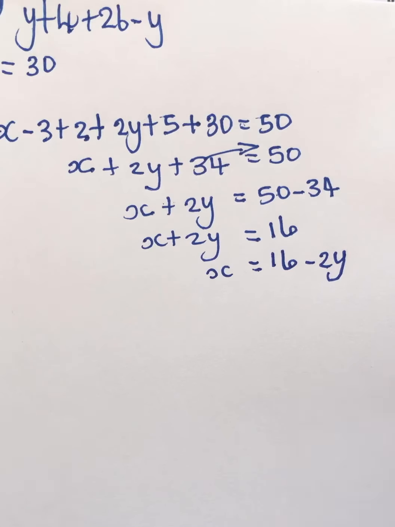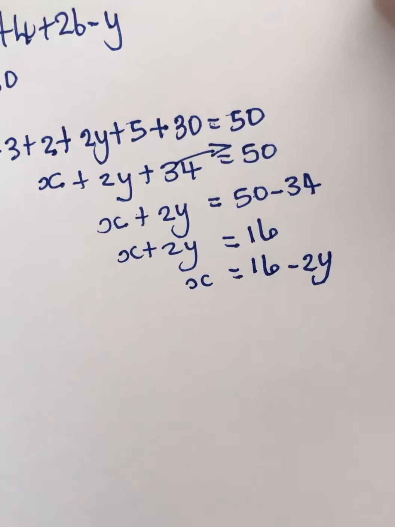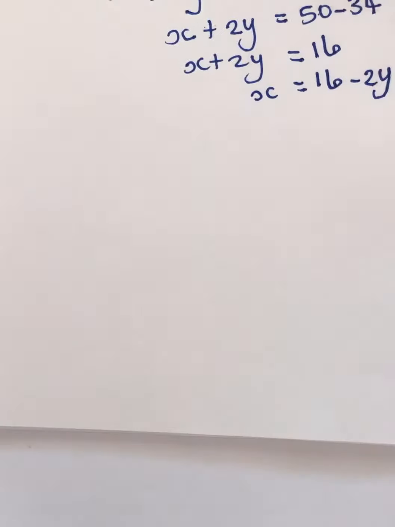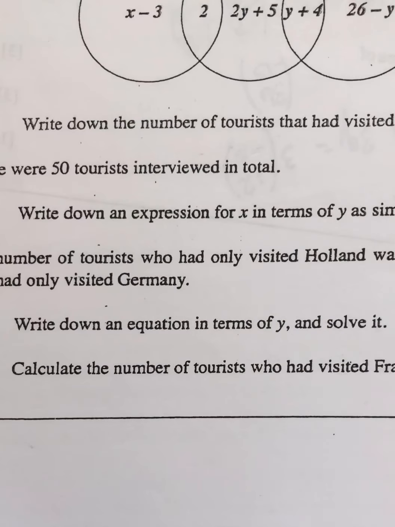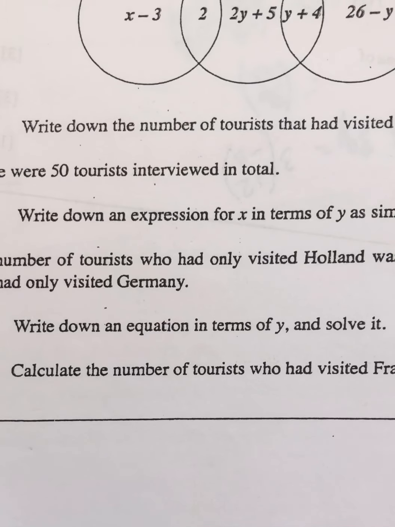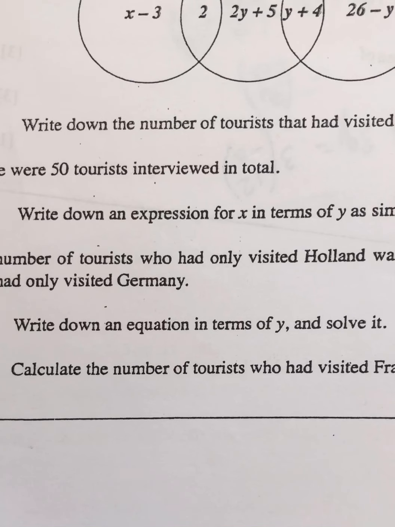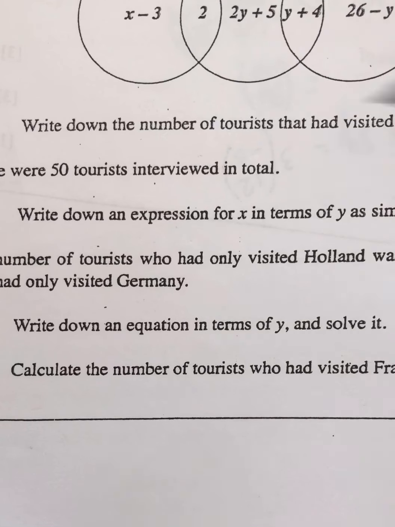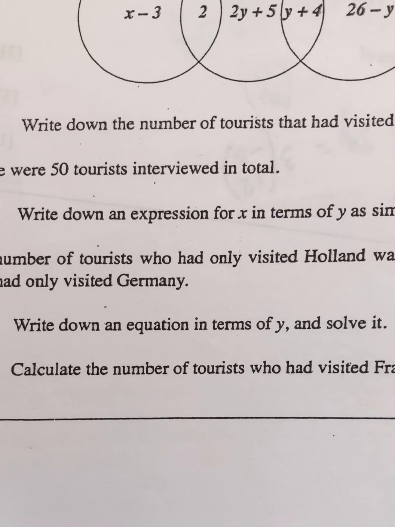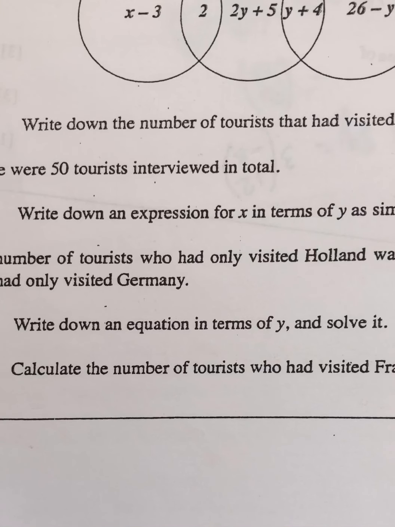Now we do not have an exact value there, but we are going to come out with that value in some other part of the question. Let us continue to answer this question. The number of tourists who had only visited Holland was 6 more than the number of tourists who had only visited Germany.